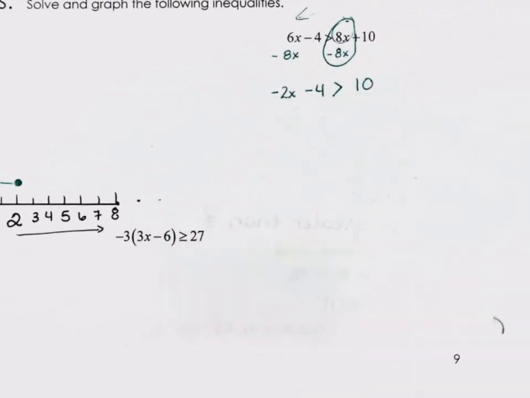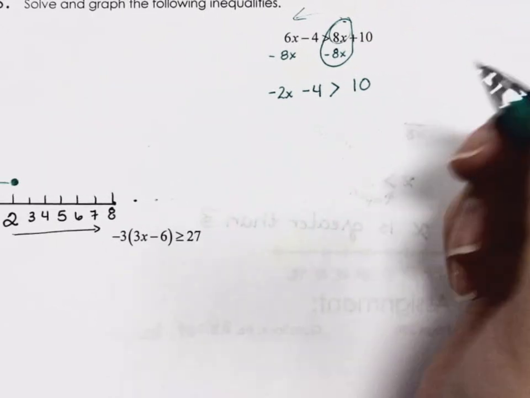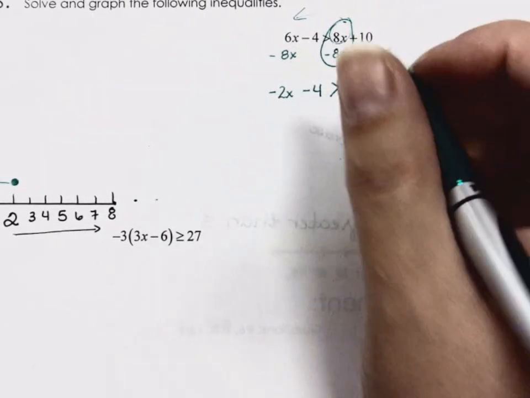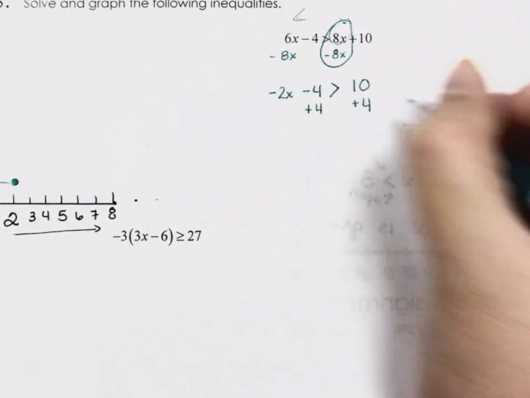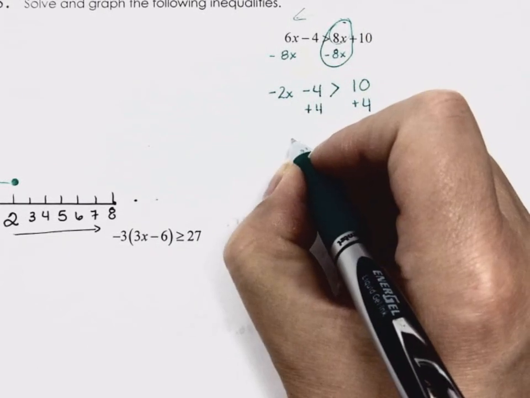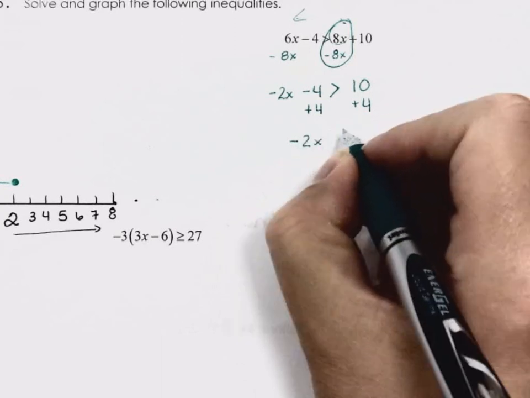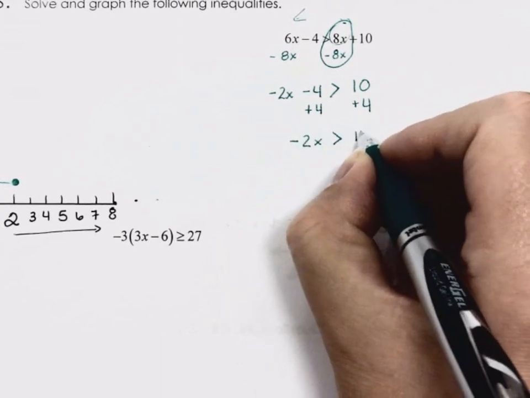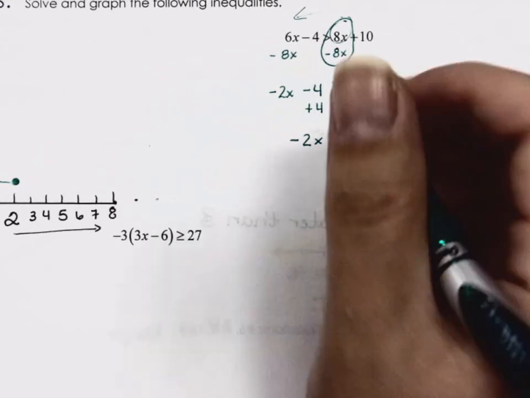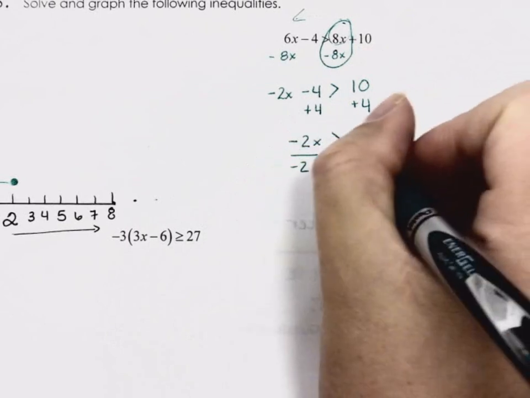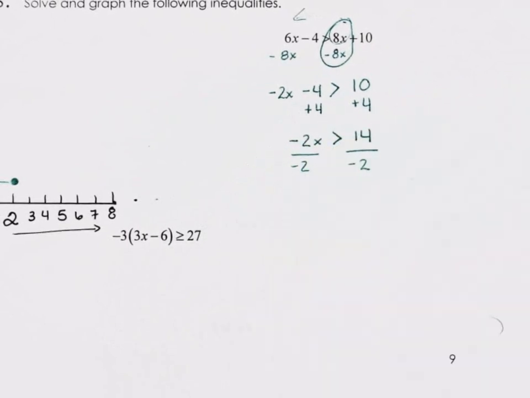So collecting like terms to one side, that's your first step. I want to isolate the x, so I'm going to add 4 to both sides. So I'm going to be left with negative 2x is greater than 14. I want to get x by itself, so I've got to divide by negative 2, divide by negative 2.